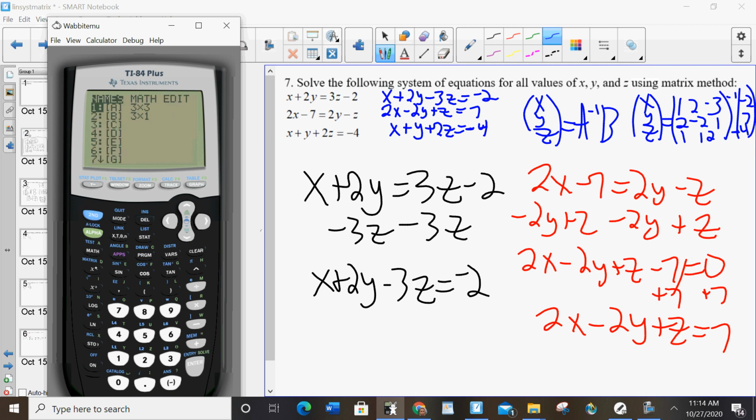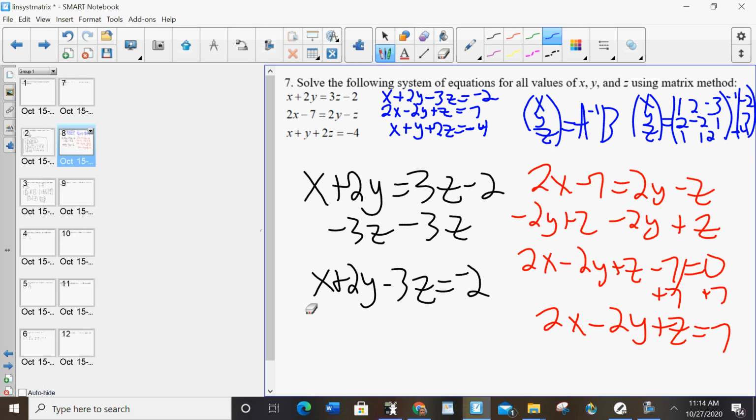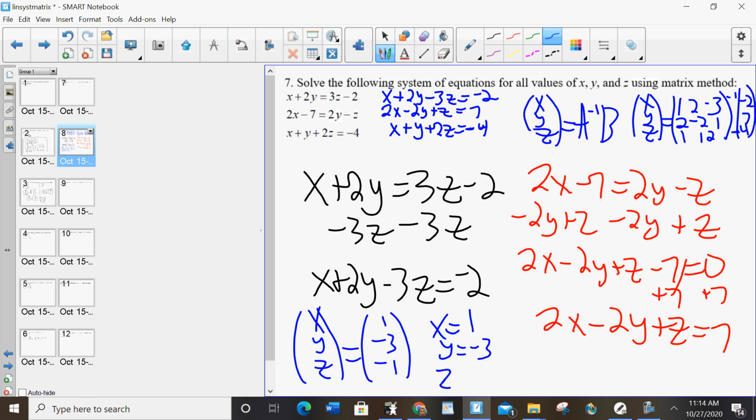Second matrix A, inverse, second matrix B. And that looks better. So X, Y, Z equals 1, negative 3, negative 1. So X is 1, Y is negative 3, Z is negative 1.